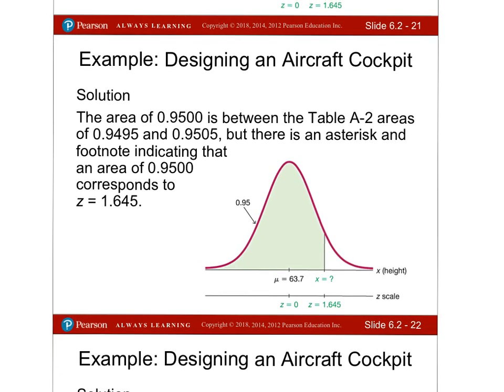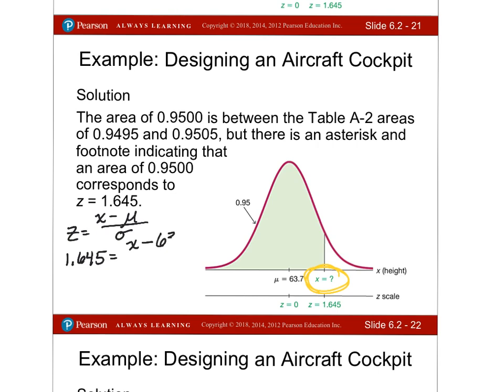So here's what I know. I don't know the x value. I know what the z-score is. It's 1.645. So I'm going to use my same z-score formula: z equals x minus mu over sigma. I know 1.645, and I don't know x this time.